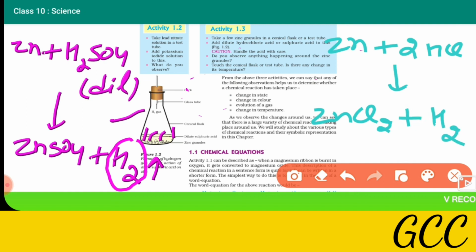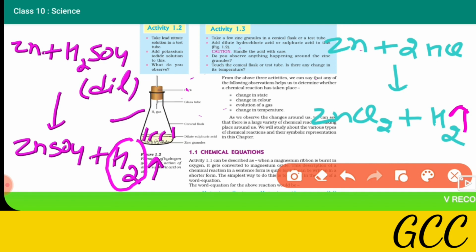Is that clear? But balancing is a must. We should see the balancing of the equation also. What gas is produced? H2 gas is produced again over there. And again there will be bubbles inside the conical flask and the conical flask will become warm.